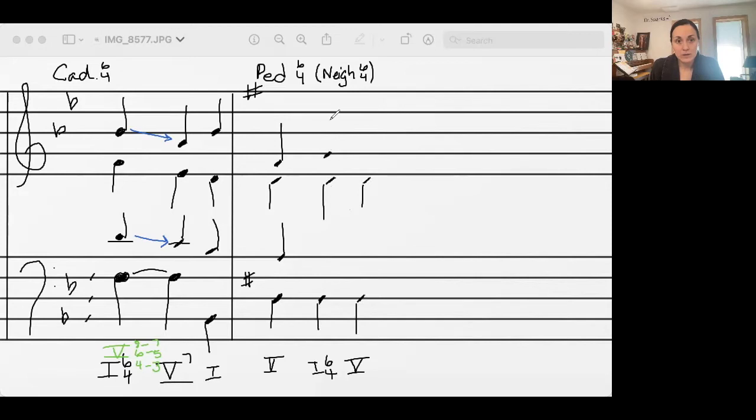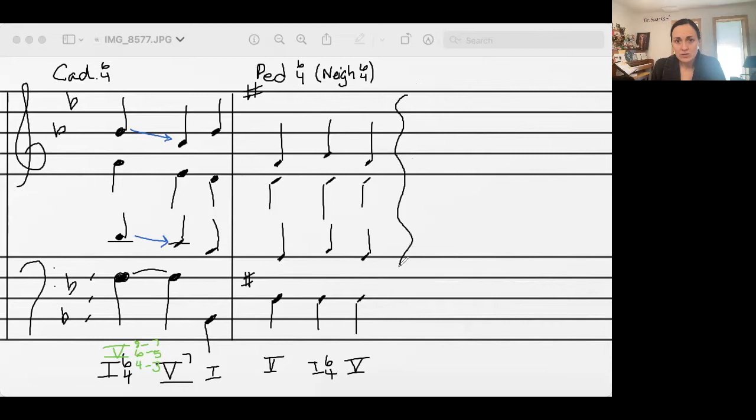So we just come up here by step to fill out our 1 chord in G major, right? G, B, D. And we double the D, and then we're going to come back exactly the way that we were. That's why they're called neighboring 6/4s. When we talk about neighbor notes, they go away by step and then they come right back, right? Go to your neighbor to borrow some sugar and then you come back to your house to bake. So that's an example of a 5 to a 1 6/4 to a 5.